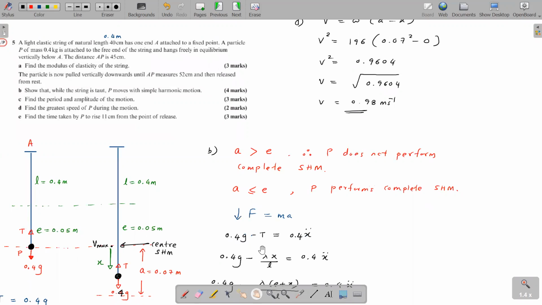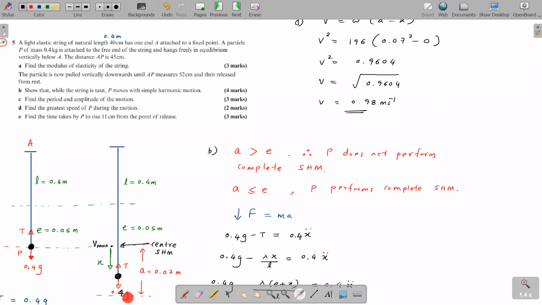The first thing is, where do we release this? We release this at the amplitude, at the very corner. So from the amplitude to come to the center, how much distance are you moving? 7 centimeters, 0.07 meters.